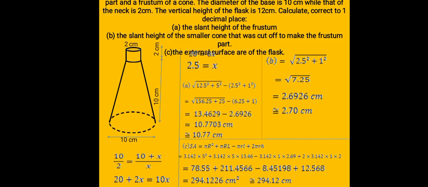The surface area of the smaller cone that was cut from the frustum, how do we get it? It is taken as pi r l.